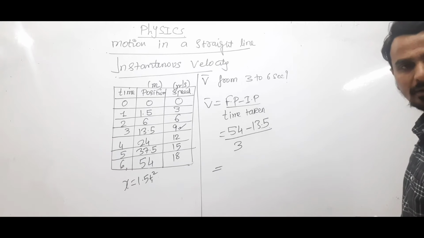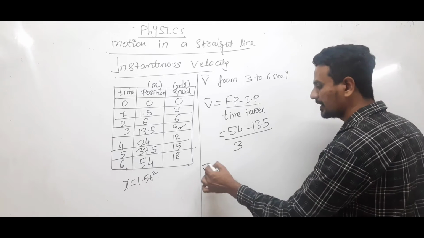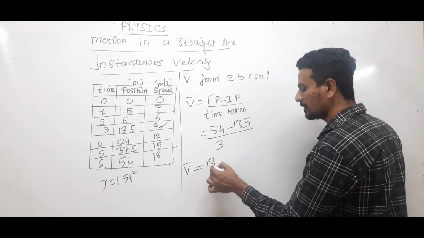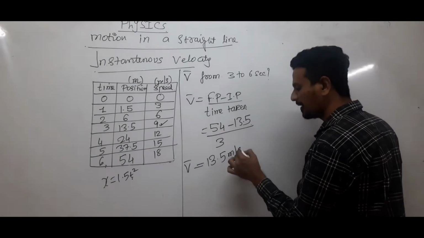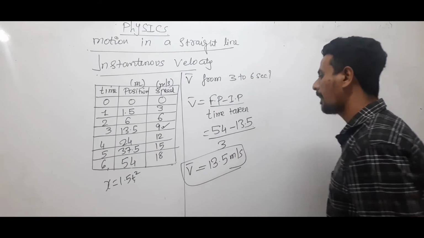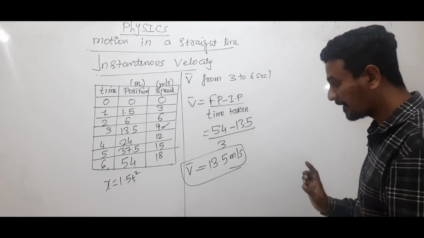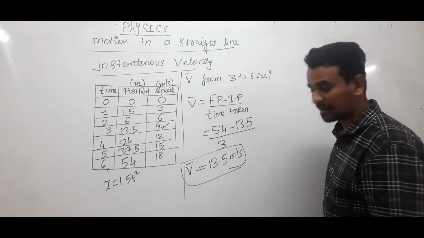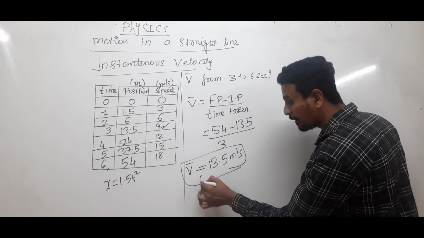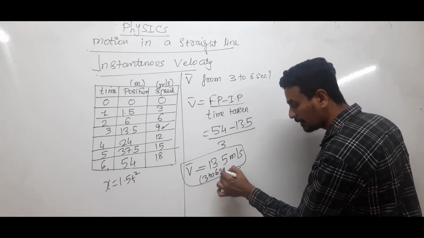Clear? So this is my average velocity. This will be nearly 13.5. See the difference between the average and instantaneous speed. This is my average speed from 3 to 6, right?